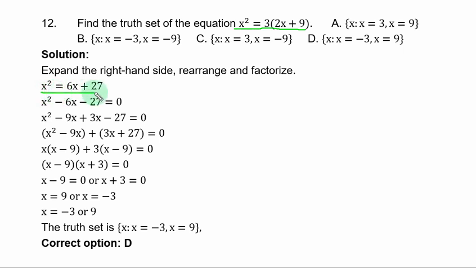If you transfer all the terms to the left hand side, you have s squared minus 6s minus 27 equal to 0. To factorize, you look for two factors of 27 that the sum is minus 6 and the product is minus 27.